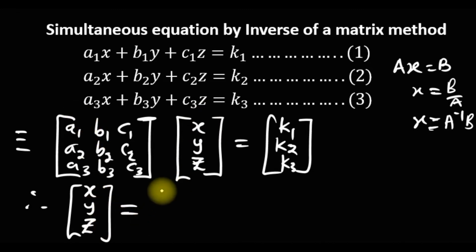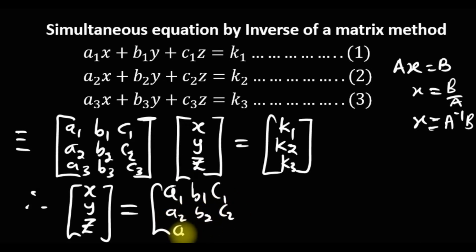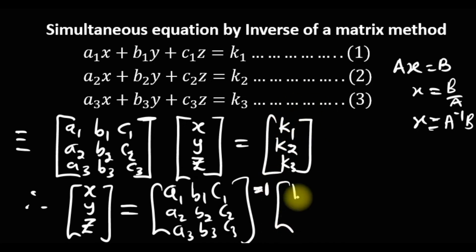So this one goes here to be A1, B1, C1, A2, B2, C2, A3, B3, C3 raised to the power of minus 1, times B. Our B is K1, K2, K3.